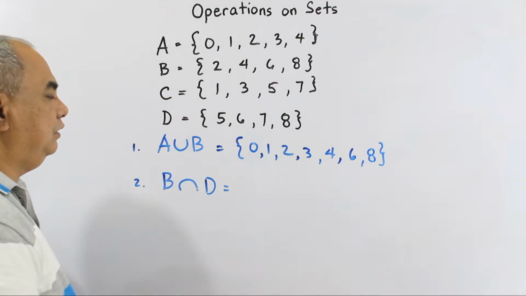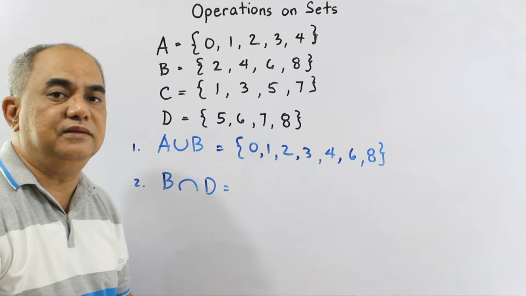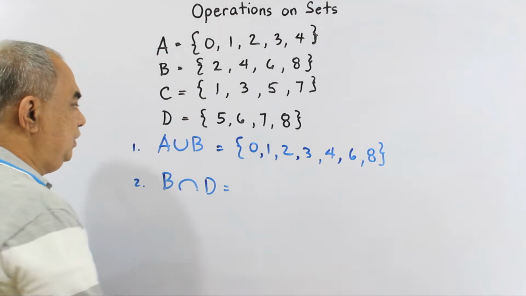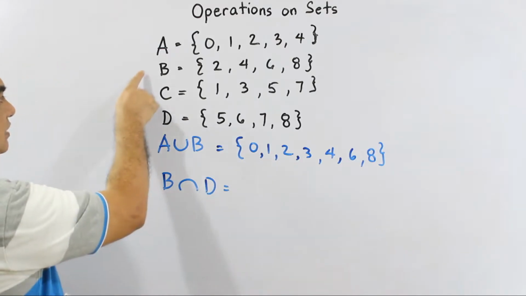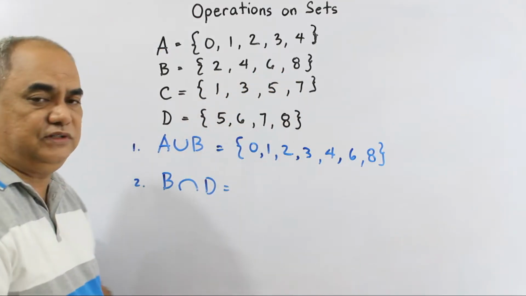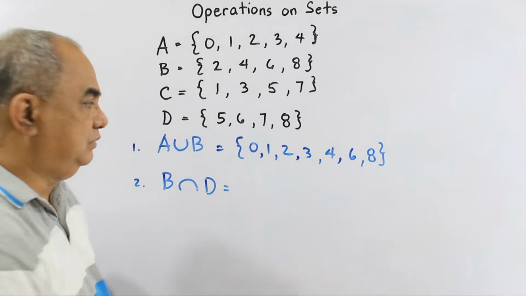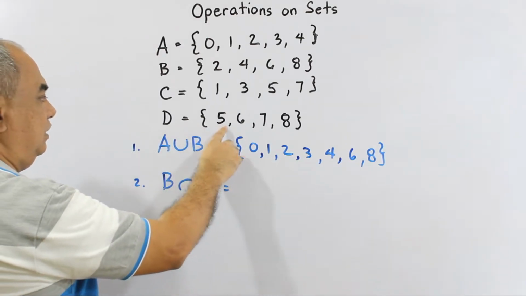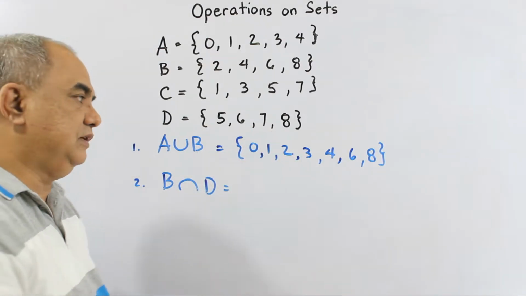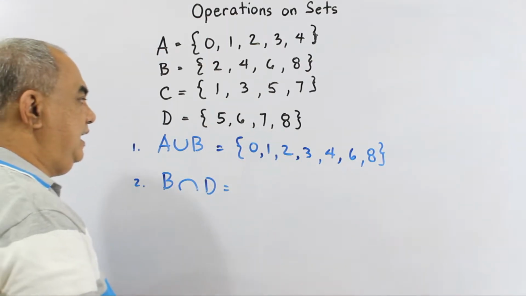This time, we're going to include only the elements that are common to both sets. Here is your set B having elements 2, 4, 6, 8. Obviously, they are all even numbers. And for set D, we have 5, 6, 7, 8. These are consecutive numbers starting with 5, ending with 8.